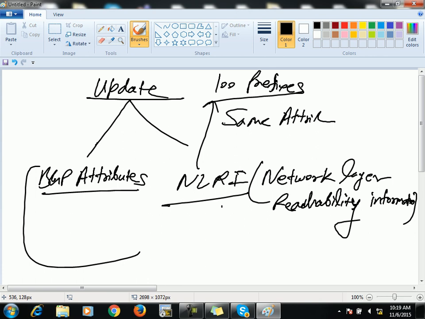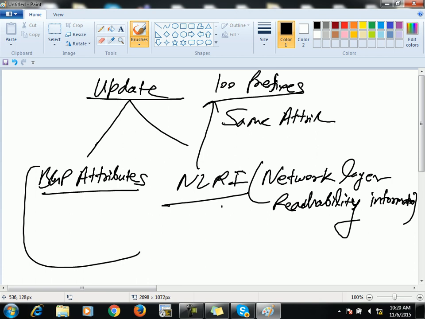In BGP, if your 1000 prefixes have the same attributes, it will create a single table under BGP attributes, and under BGP attributes it will define NLRI, and under NLRI it will have all those 1000 prefixes which have the same attributes. Yes, it is also possible that each prefix has different attributes, and then BGP would behave like IGPs, but don't worry, that will never happen.